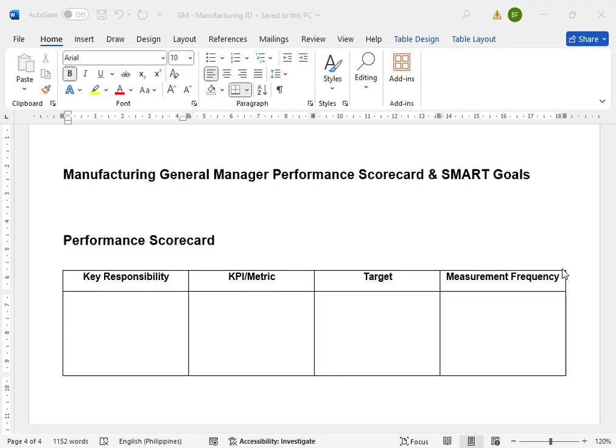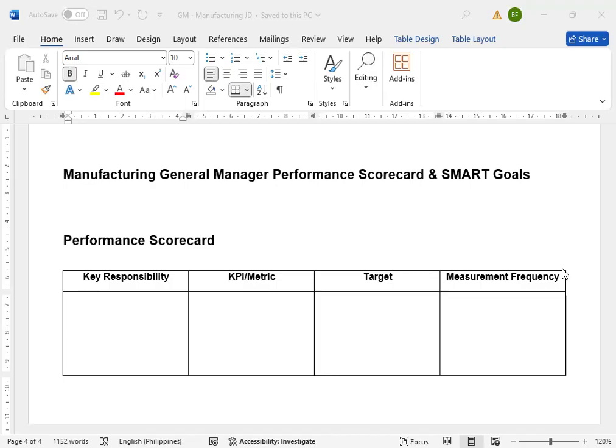So, how does it improve performance? It increases focus on priorities, helps employees and managers concentrate on what matters most. It improves operational efficiency, identifies bottlenecks and areas for process enhancement.